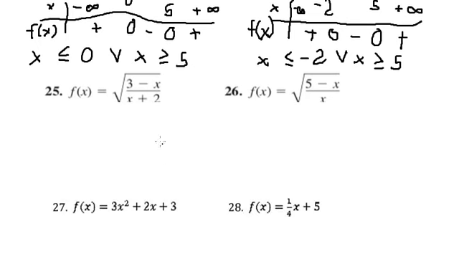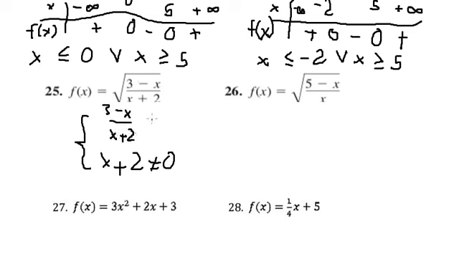The next one, we have two things here. That's s plus 2 cannot equal 0, and 3 minus s over s plus 2 should be greater than or equal to 0.